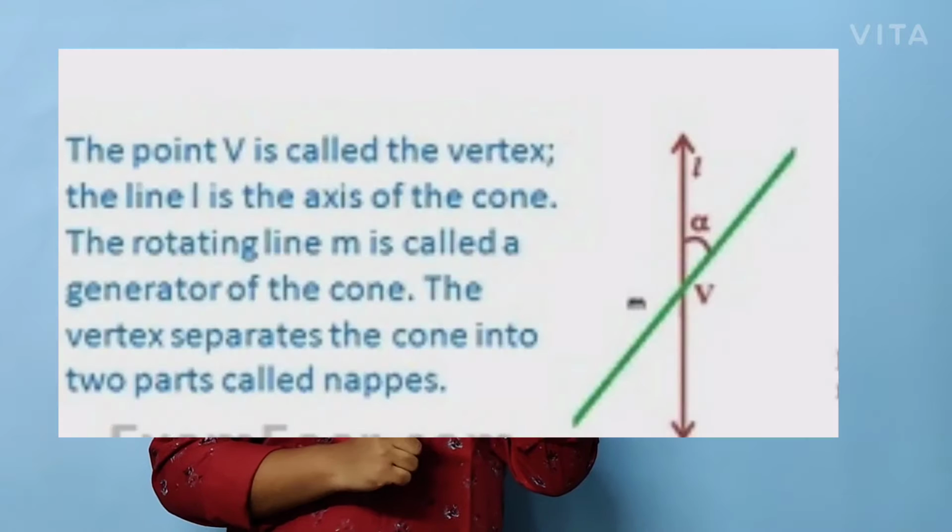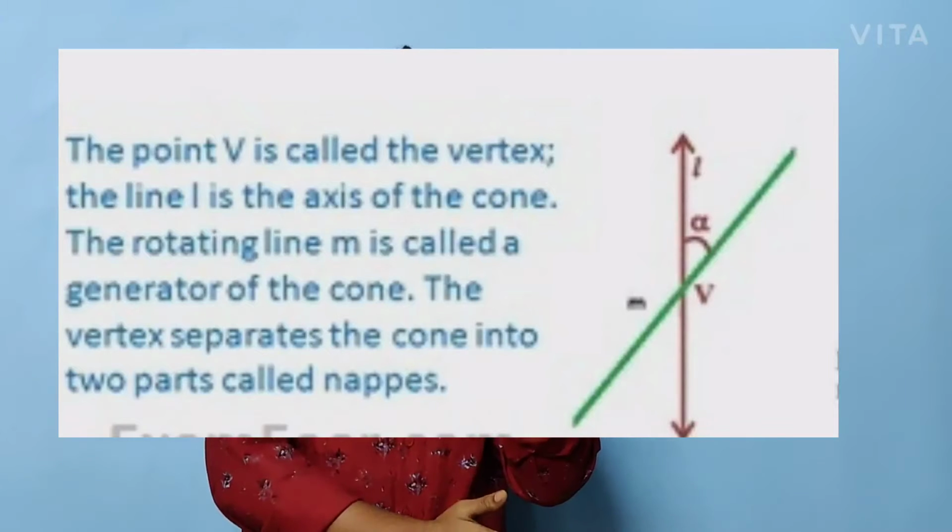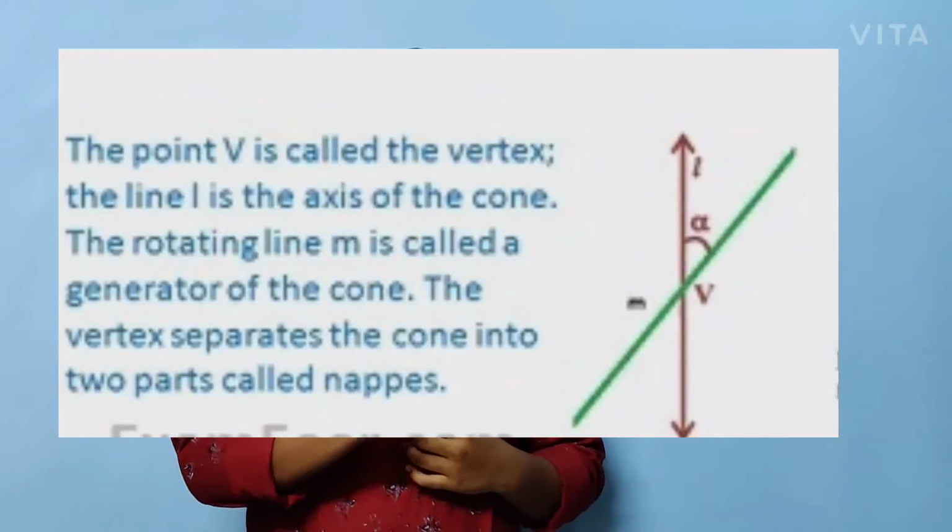Now, entering into that, first we should take an axis and another line, a generator, and that generator should intersect the axis at some angle theta.